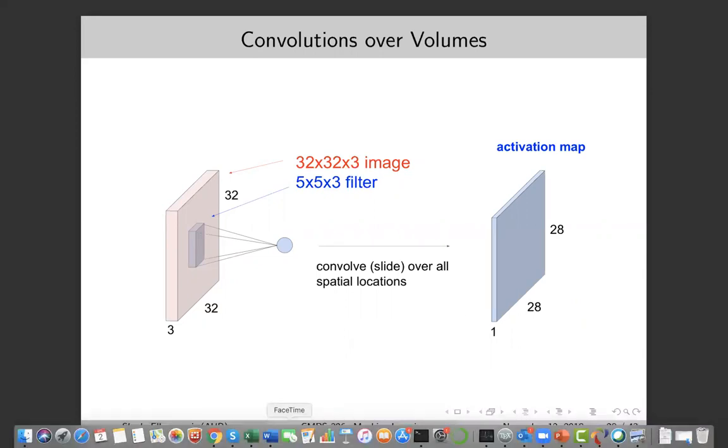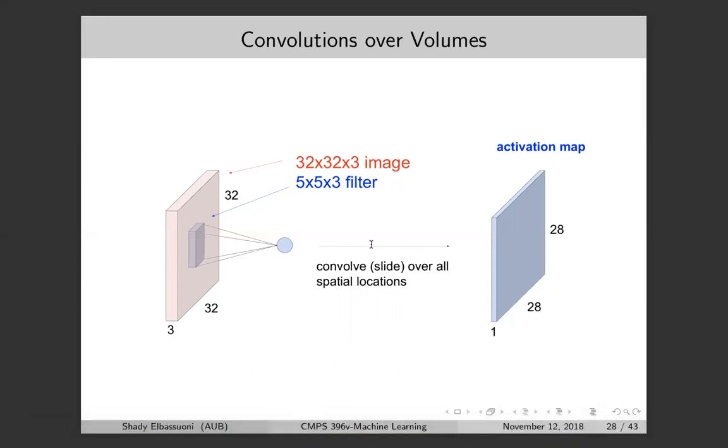Why is the size 28 by 28? Because I have 32 minus 5 plus 1, assuming that the padding is 0 and the stride is 1. So 32 minus 5 is 27, plus 1 is 28. So I get 28 by 28 by 1.